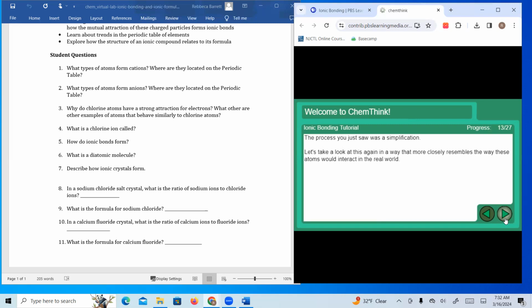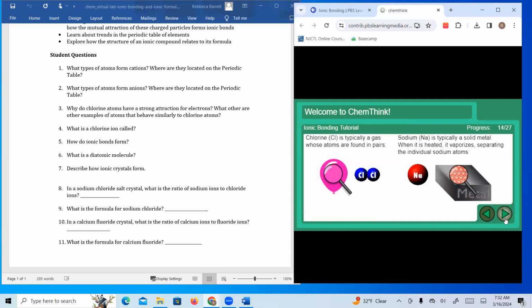That's obviously a simplification of the process, but let's look at it again in a way that more closely resembles the way the atoms would interact in the real world. Chlorine is typically a gas with atoms found diatomically in pairs, and sodium is typically a solid metal. When it's heated, it vaporizes and separates into individual sodium atoms.